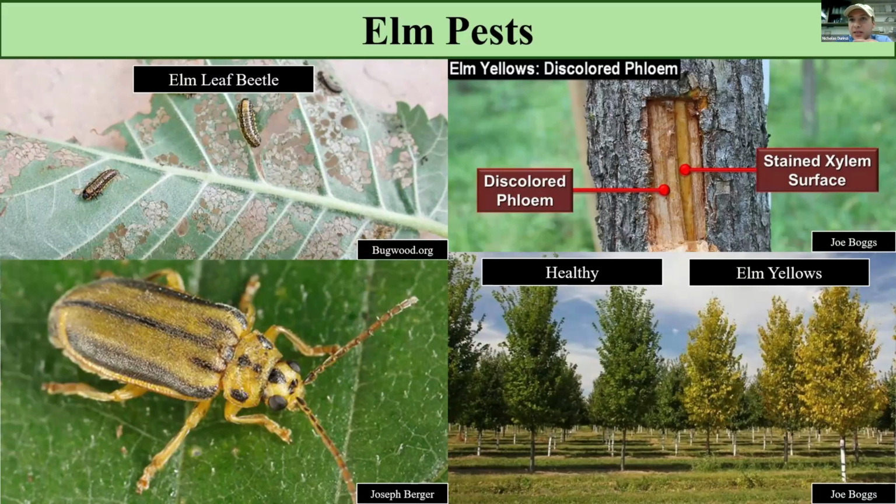It's spread via phloem feeding insects, so insects that are feeding on the sap of trees. And basically, it's come in and it's killed a lot of important elm collections, such as those in arboretums and stuff like that.